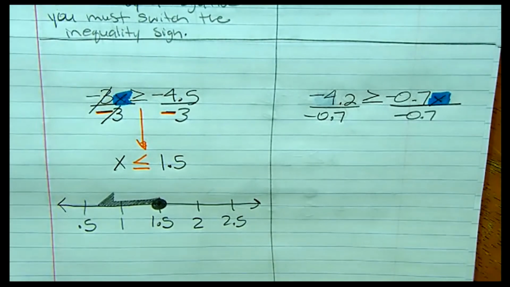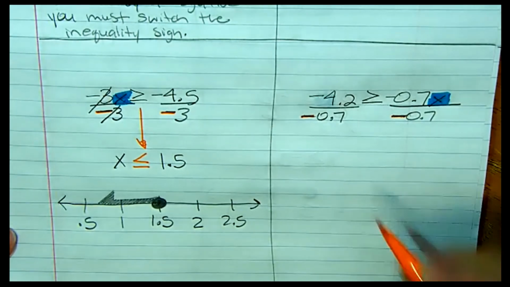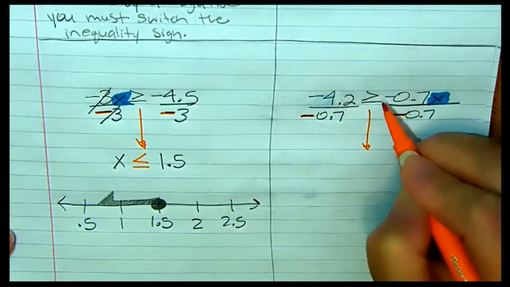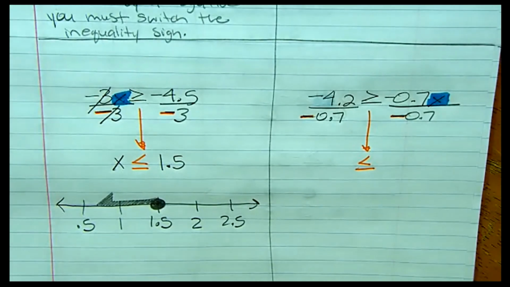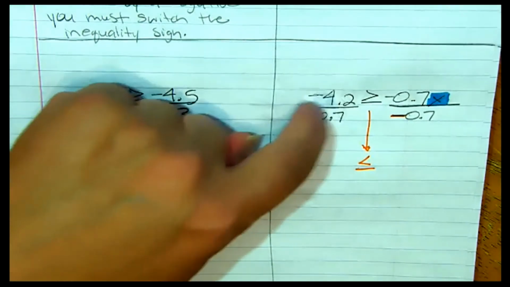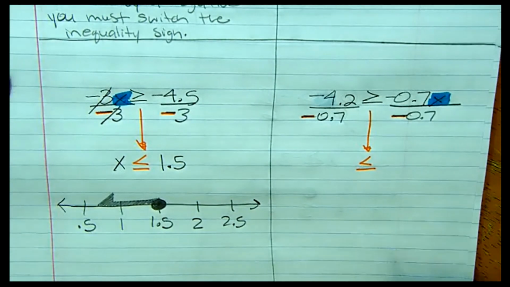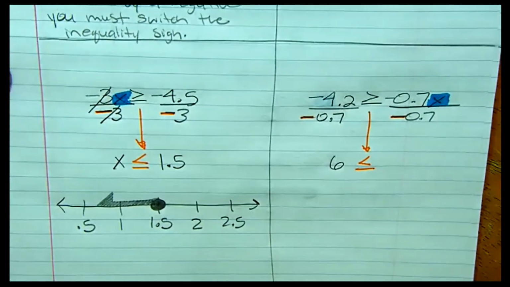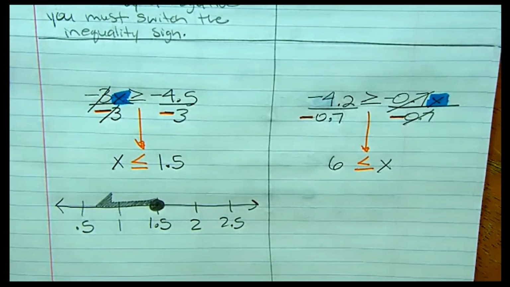Now I'm dividing both sides by a negative. Therefore, I have to switch my inequality sign. So -4.2 divided by -0.7 is +6. These cancel, and I've got x.